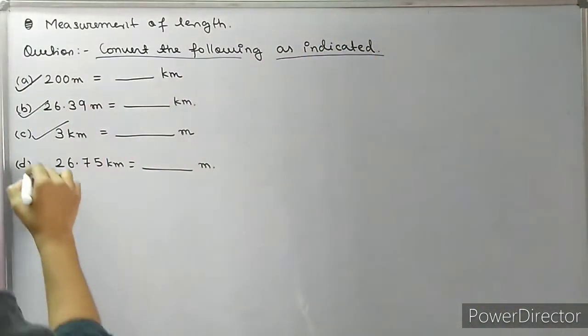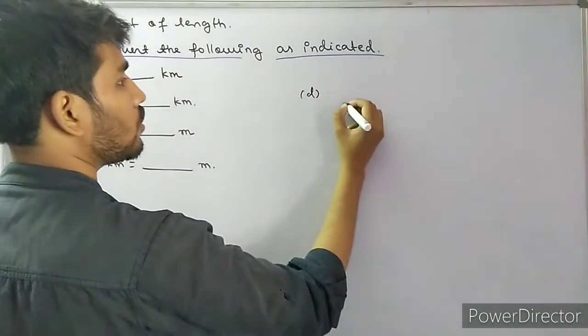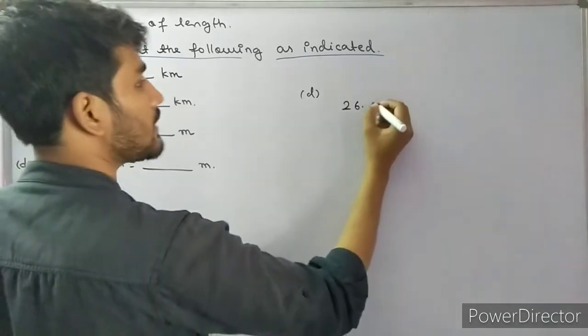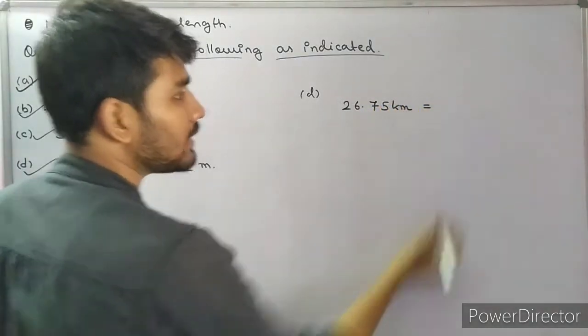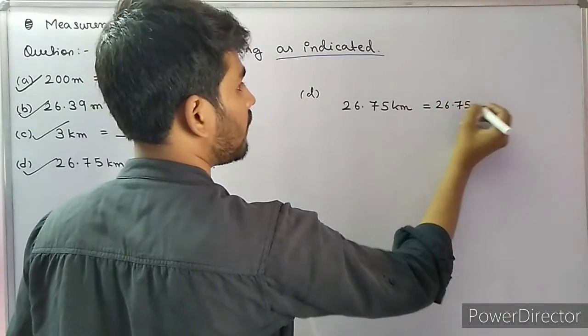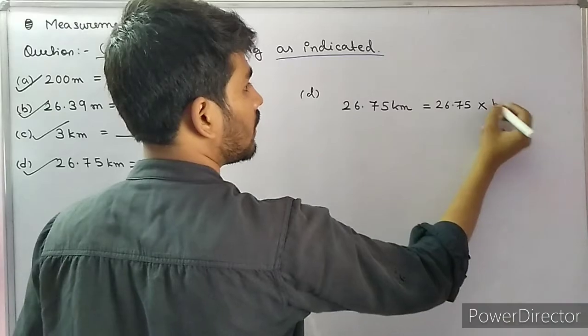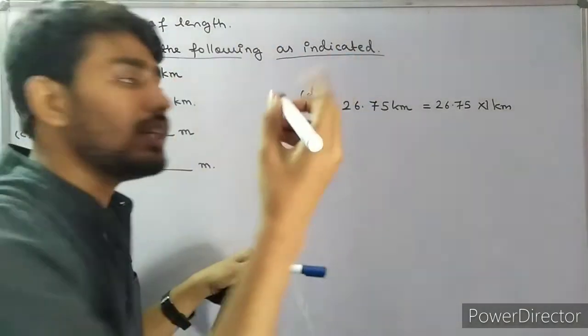Next, number D, which is 26.75 kilometer. So this can again be written as 26.75 into 1 kilometer. Now see, 1 kilometer is again a bigger unit. How much bigger? 1000 times bigger.